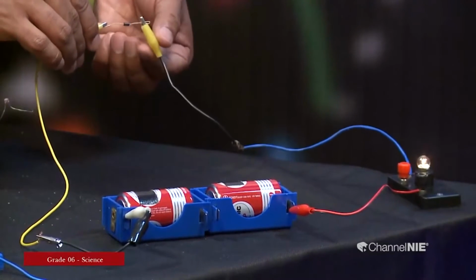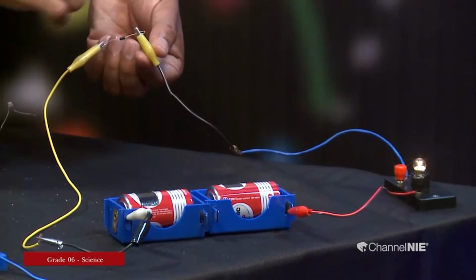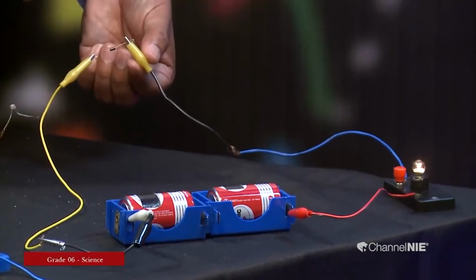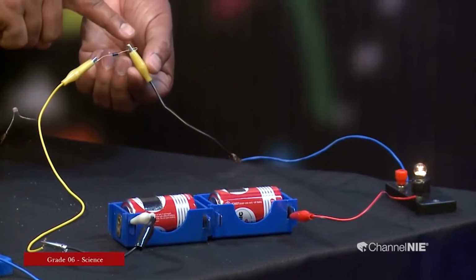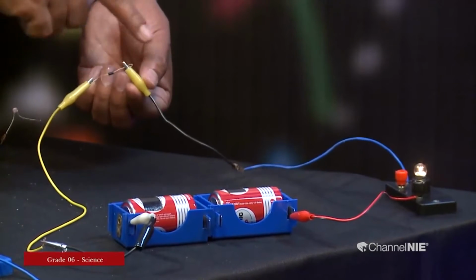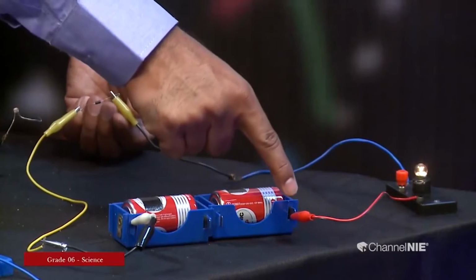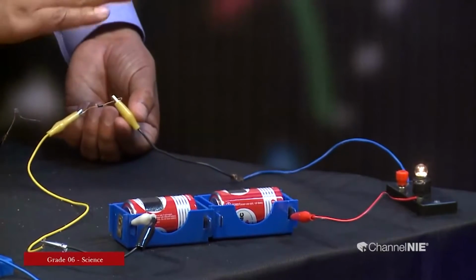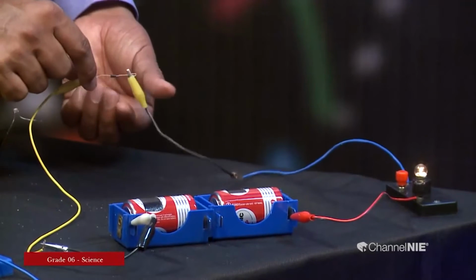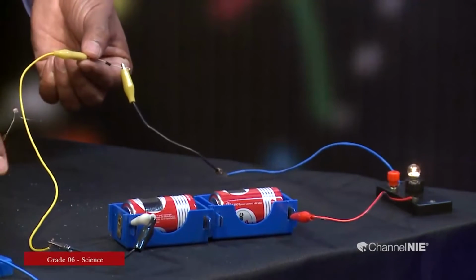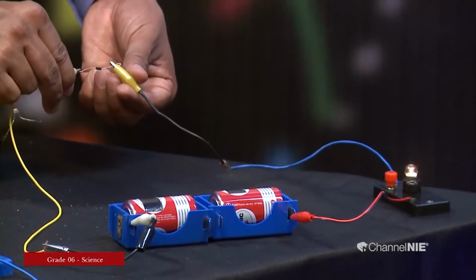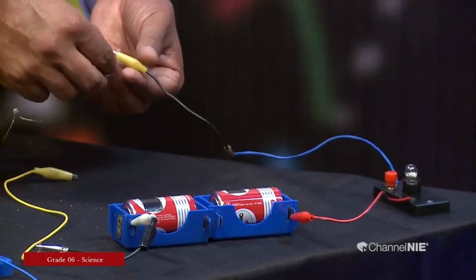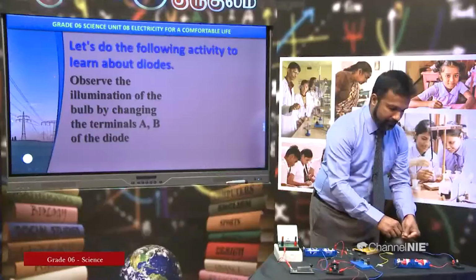Now I am going to change the terminals of the diode. In this instance, I have connected the positive terminal of the diode to the positive side of the battery and the negative terminal of the diode to the negative side of the battery. Now you can see very carefully, I am going to change the terminals of the diode.